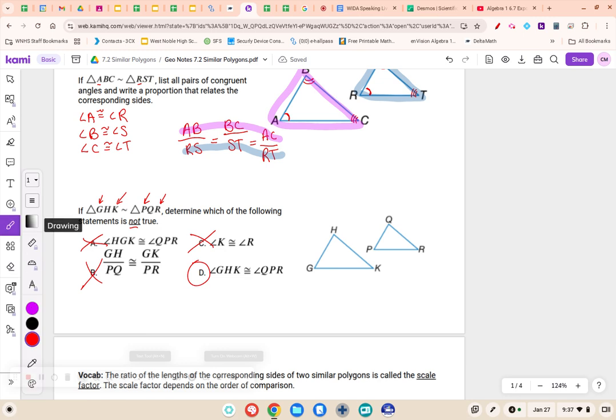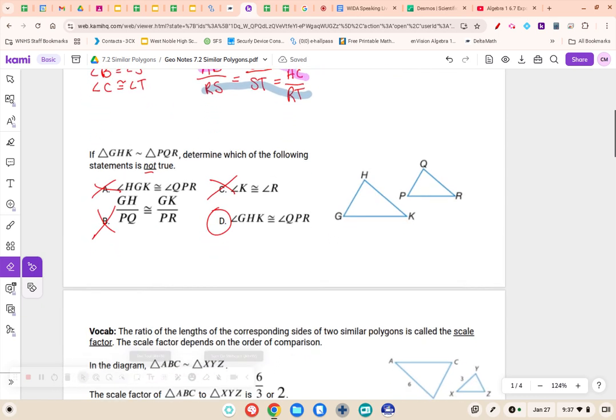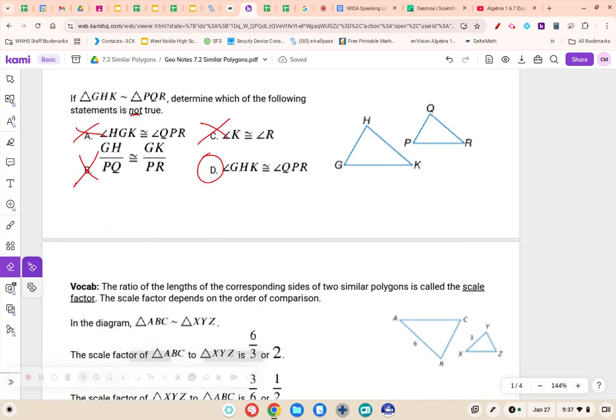Let's check it. Angle GHK is congruent to angle QPR. These are not in the same spot in the similarity statement. We've got H here and we've got P here, meaning they are not congruent angles to each other, which means D is our not true answer, or it's just our answer, okay?